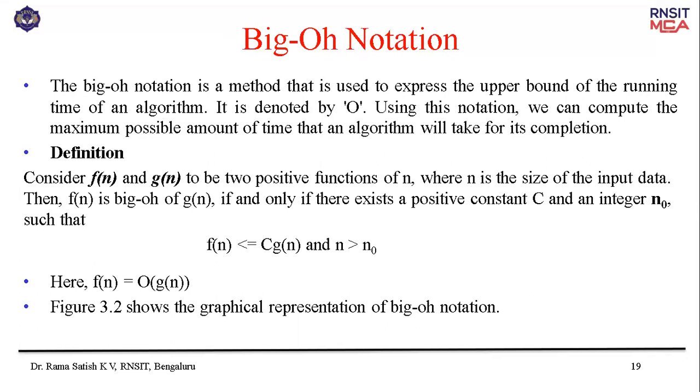If you run this algorithm on 20 different cases, out of those 20 cases, one case will be the best performed case. The best performed case is always denoted by big O. Using this notation, we can compute the maximum possible amount of time that the algorithm will take for completion. So that is the thing that you should understand.